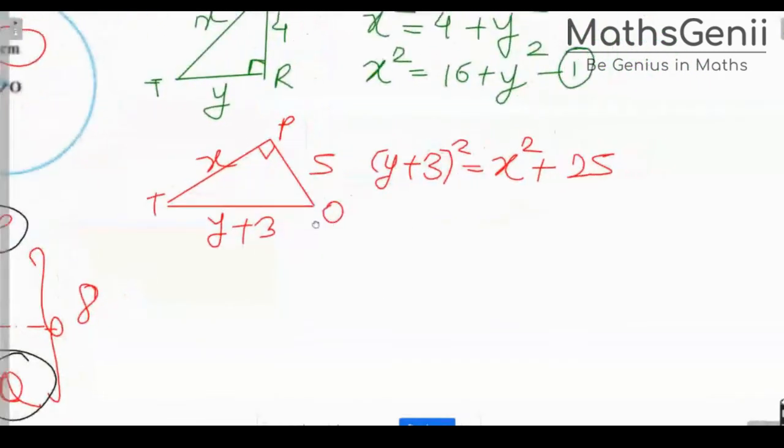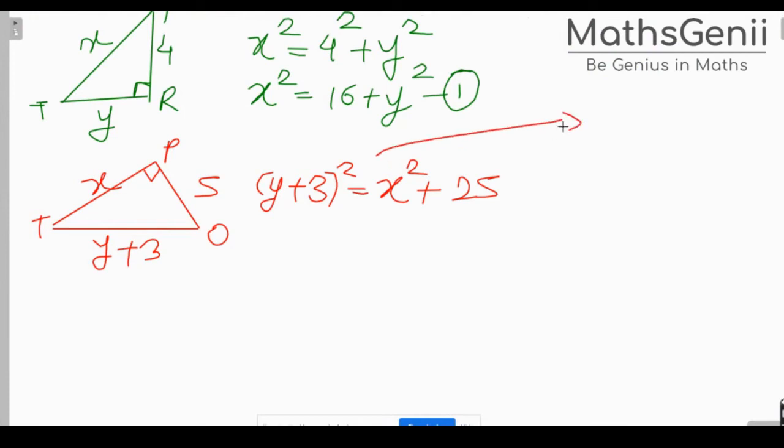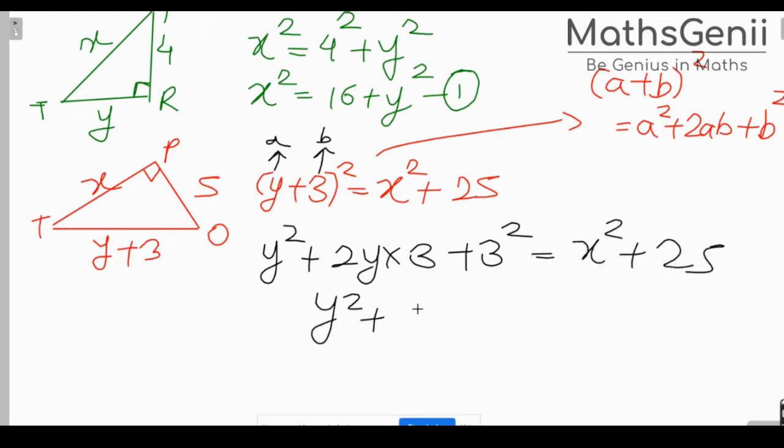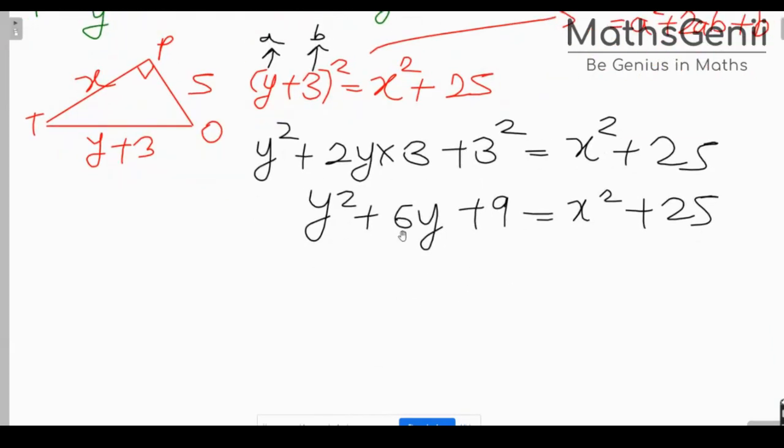Now I'll expand this. In place of this, I'm going to use which formula? A plus B the whole square. We all know, 8th standard: A square plus 2AB plus B square. A in this case is Y and B is 3. So Y square plus 2 into A into B plus B square is equal to this. So Y square plus 6Y plus 9 is equal to x square plus 25.